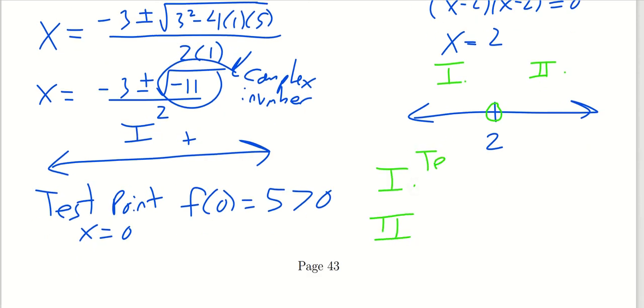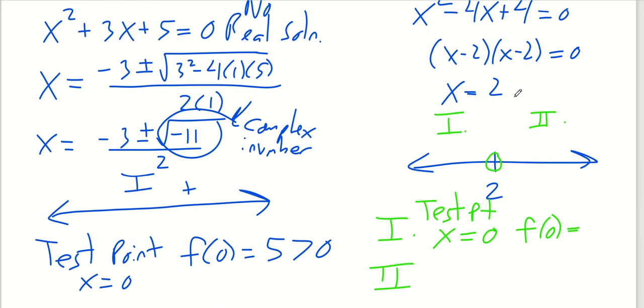We're going to pick a test point in each region. In region 1, I would use the test point x equals 0. If you evaluate f at 0, I'll skip a little bit of the calculation, but f of 0 should be equal to 4, which is positive. So it's positive in region 1.